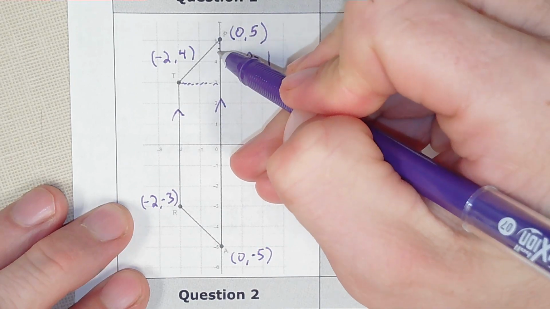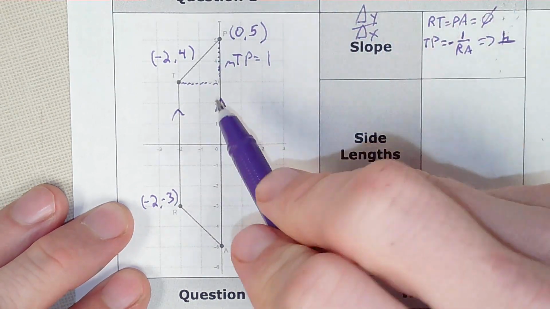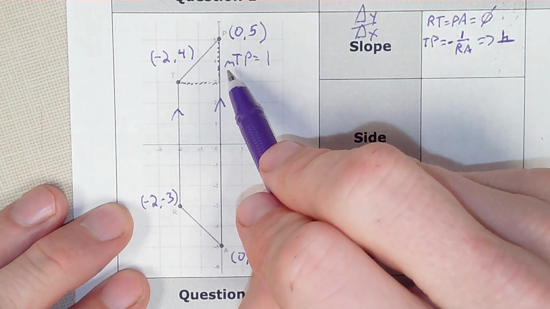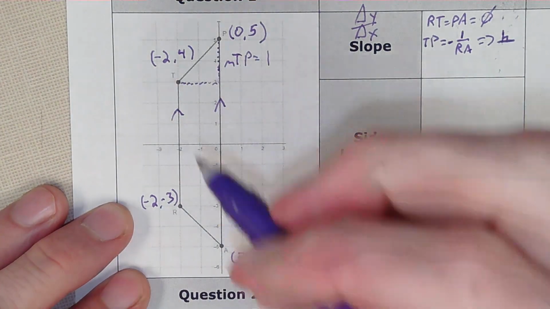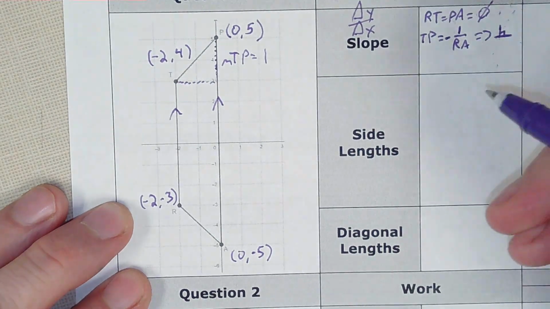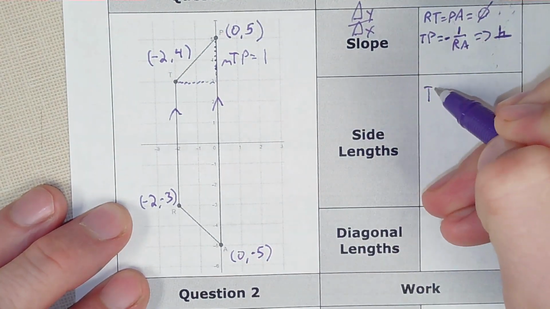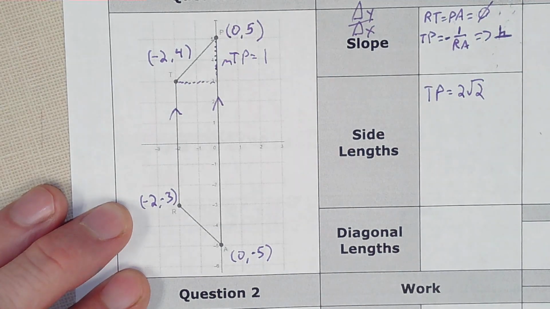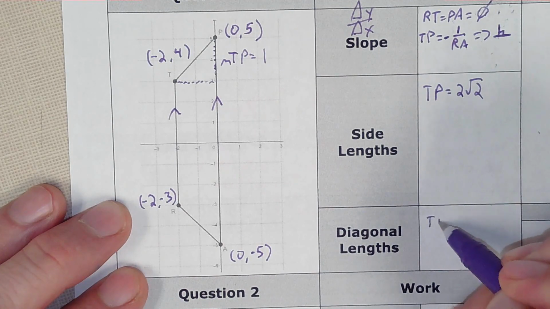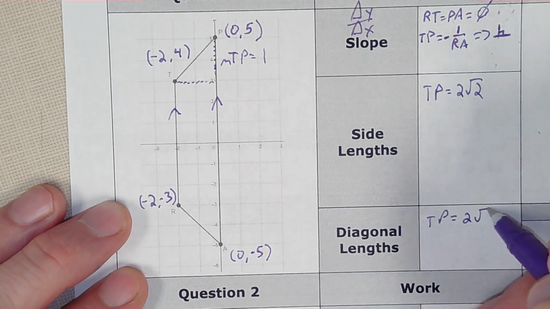My change in y is 2. So 2 squared plus 2 squared is the square root. So this is the square root of 8. So my TP is 2 square root of 2. And then, oh, that's the diagonal. That's TP equals 2 square root of 2.